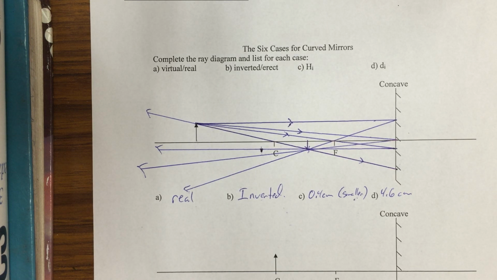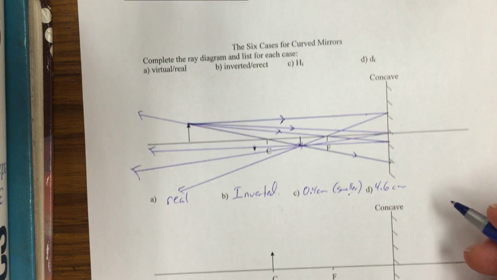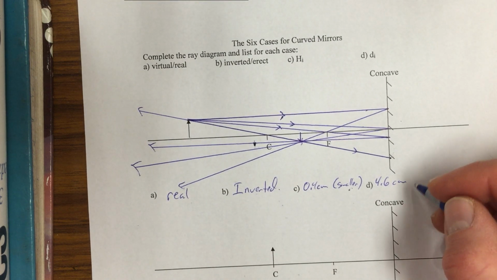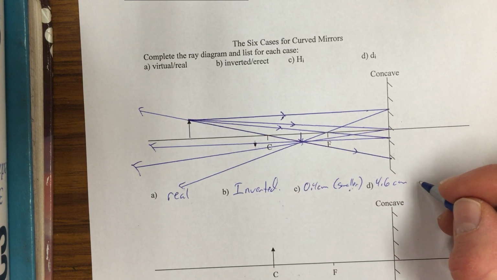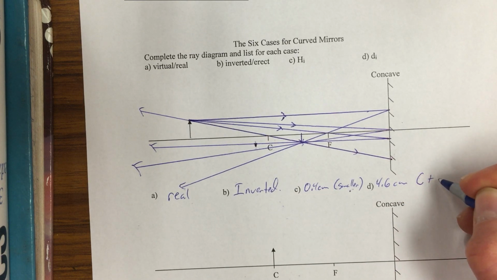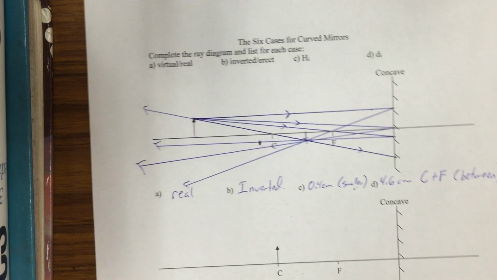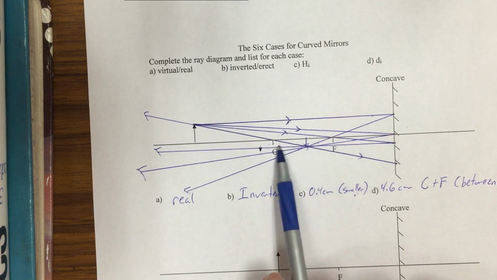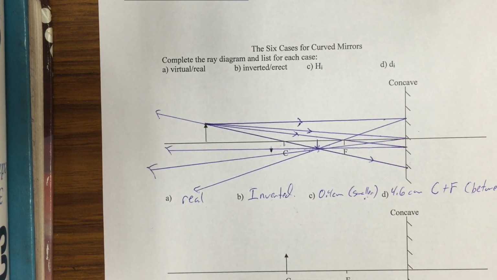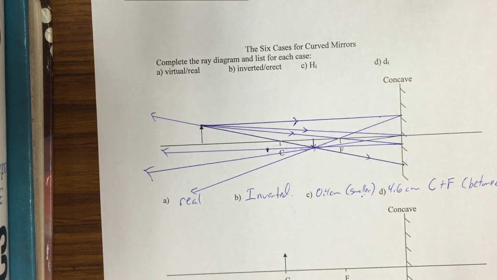Is DO equal to DI? No, it's not. I would like you to note that that places this image between C and F. This image is going to be somewhere between C and F. That's where we get our image.